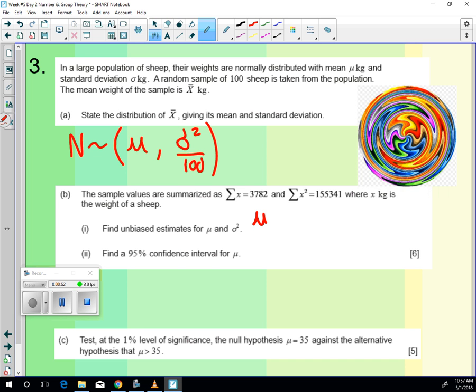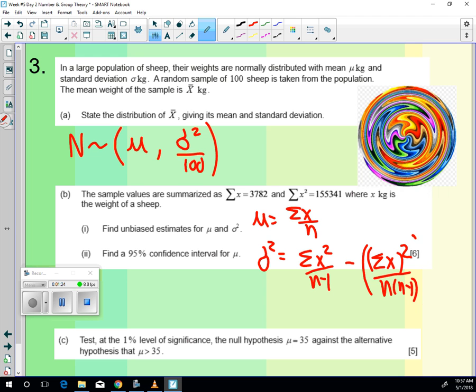Well, mu is just going to be the sum of x over n, and the variance, I love this part, it's the sum of x squared over n minus 1 minus the sum of x quantity squared over n times n minus 1. And that must be in your formula packets because I didn't remember the n times n minus 1.